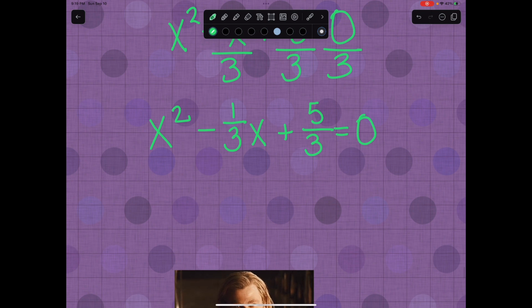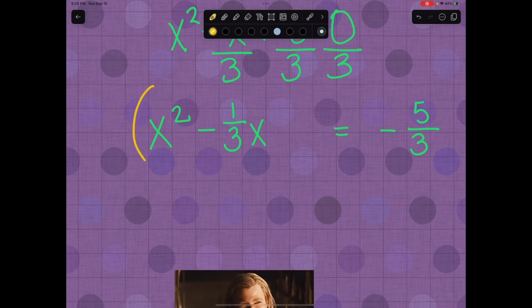Now, in our previous examples, we didn't have this 5/3 there. We had to figure out what would make that be a perfect square. So for now, we're going to move this to the other side. And in order to move it to the other side, we have to make this -5/3. Because I just subtracted 5/3 from both sides of the equation. Now I'm going to try and complete this equation so that I can get a perfect square.